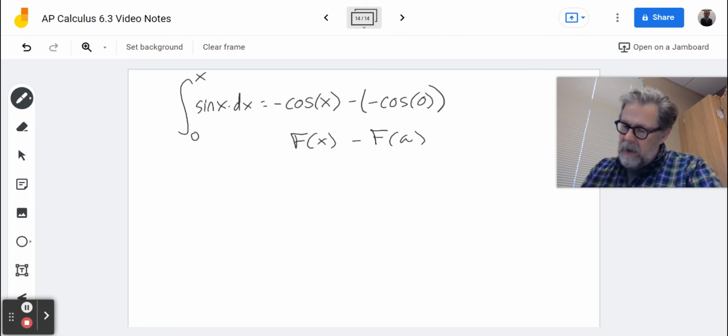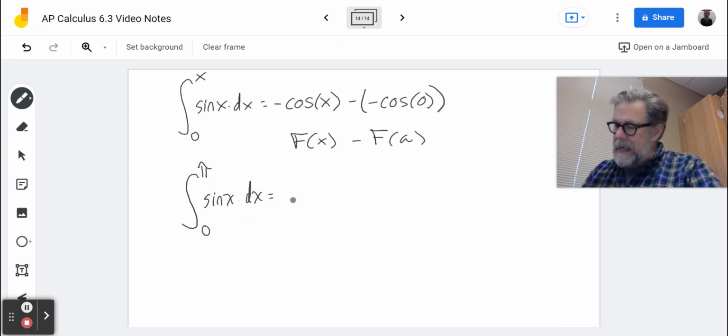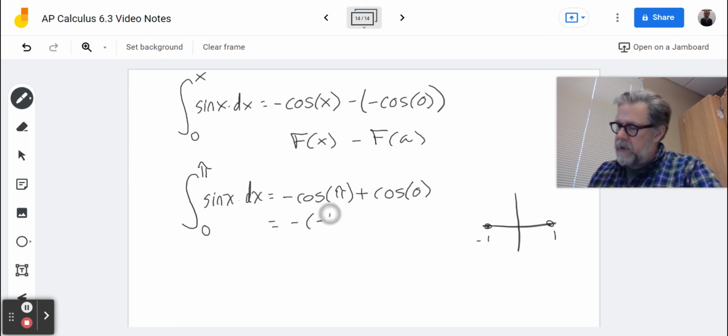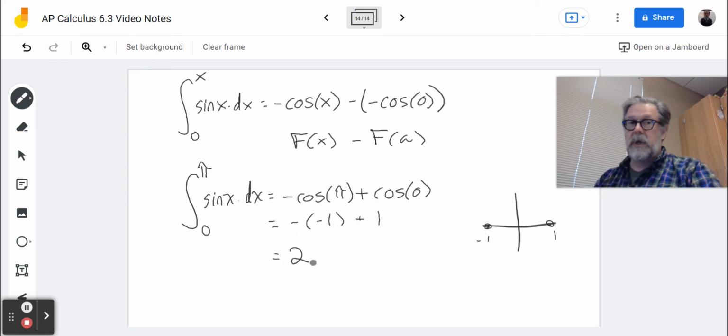So now let's make x equal to pi. This becomes the negative cosine of pi plus the cosine of 0. Hopefully we remember from geometry that the cosine of 0 is 1, the cosine of pi is -1, so this becomes the negative of -1 plus 1, which is equal to 2.